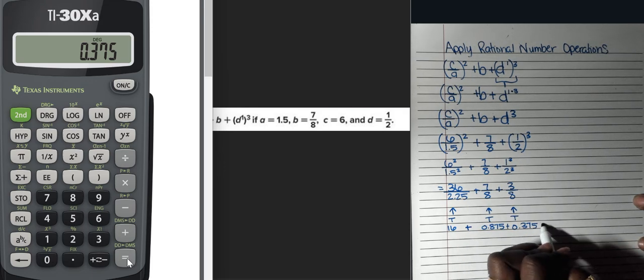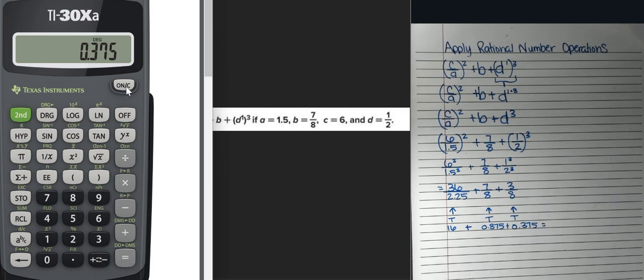Okay, so now what do we get when we add all of those together? We get 16 plus 0.875 plus 0.375. All right, and we come out with 17.25.